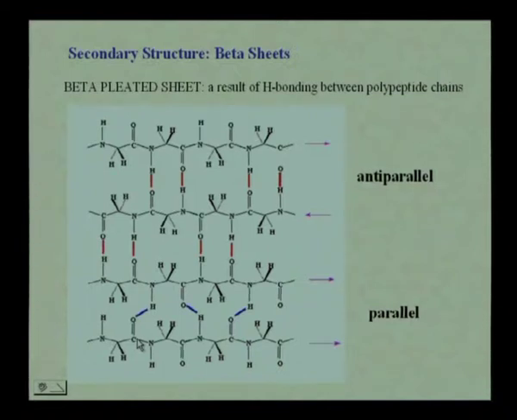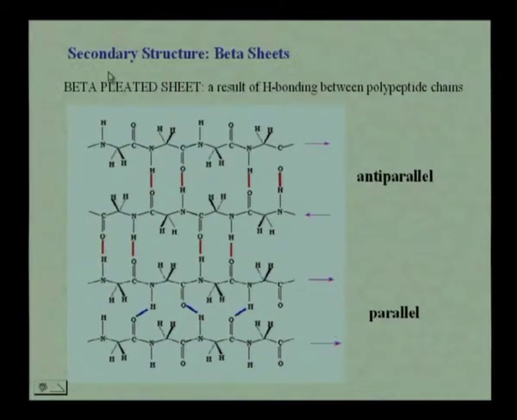So, I have two parallel strands here and I have two anti-parallel strands here. Okay. So, it is just the direction of the beta strand that is going to determine whether it is an anti-parallel beta sheet or a parallel beta sheet. Now, very carefully look at the hydrogen bonding between the sheets.